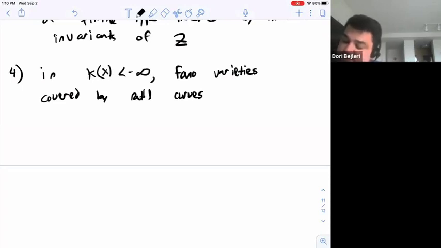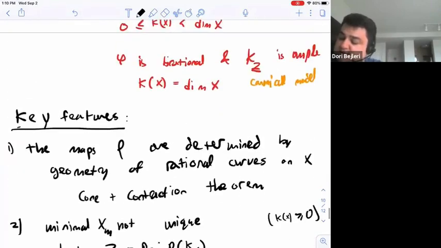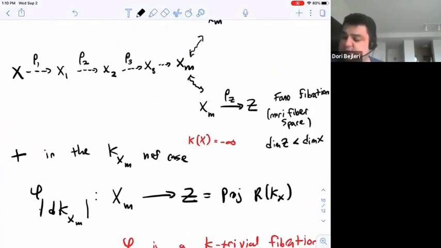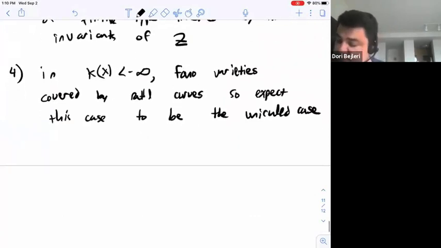So we expect this case to be the uniruled case, the Kodaira dimension negative infinity case. Because in the end, we expect to get this fibration where the fibers are covered by rational curves, so everything will be covered by rational curves.